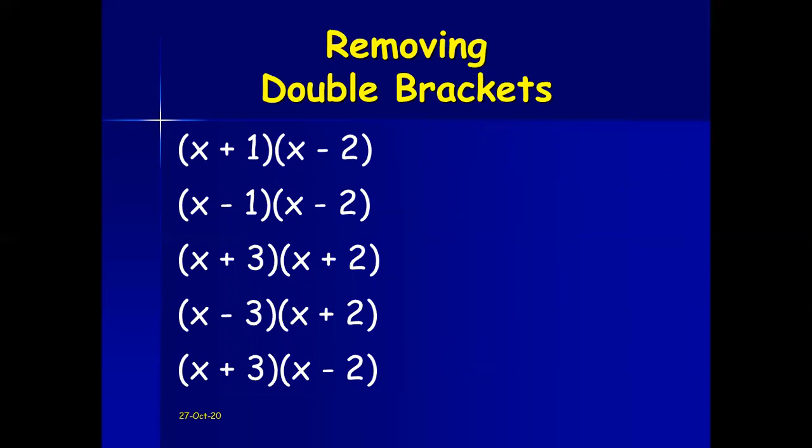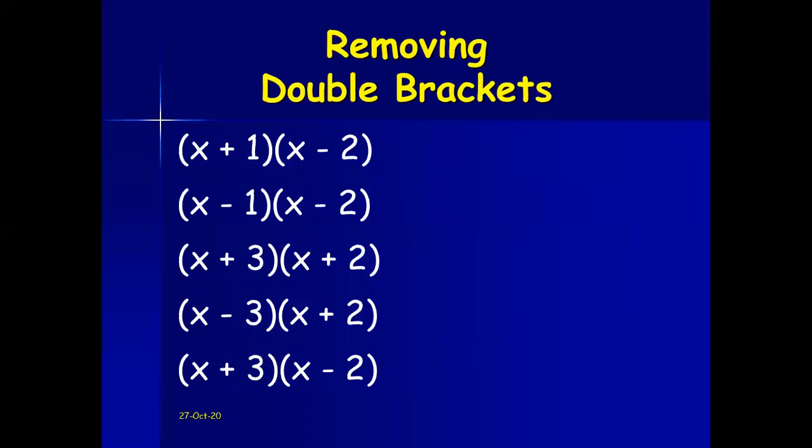Okay, these are some examples for you to start solving and know whether your answers are correct or not. The first one will be x multiply x, would be x power 2, minus 2x, plus x, minus 2.